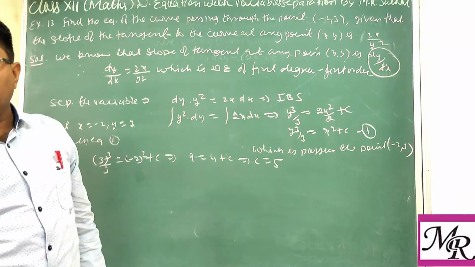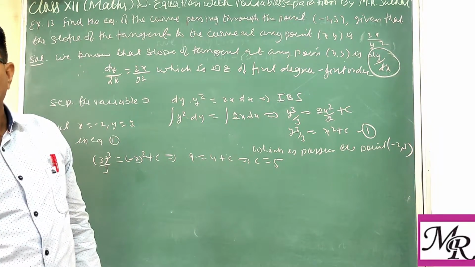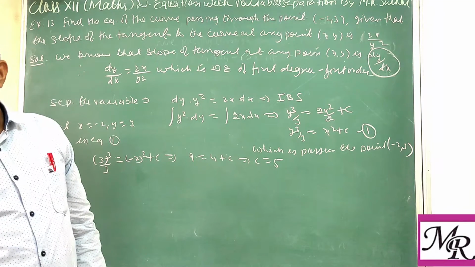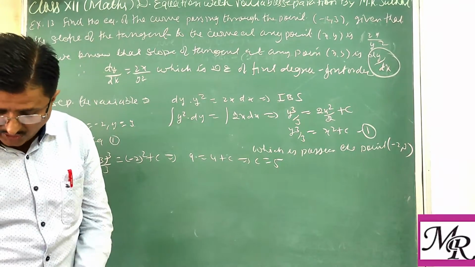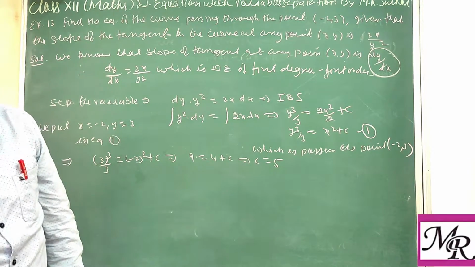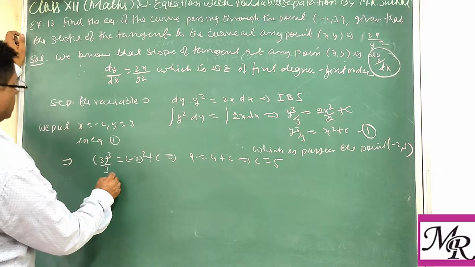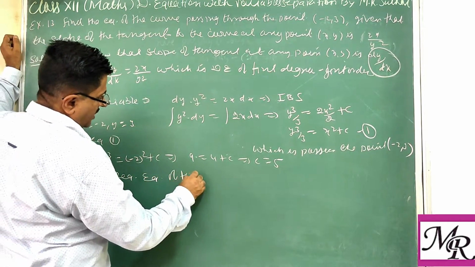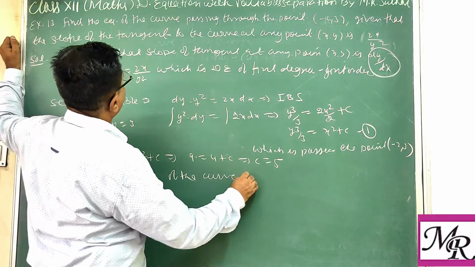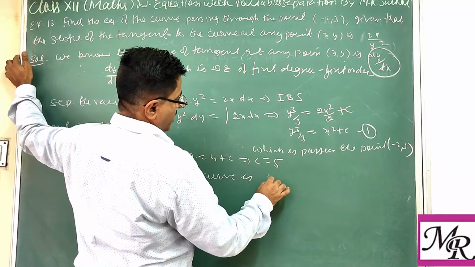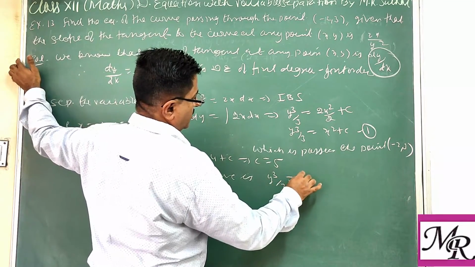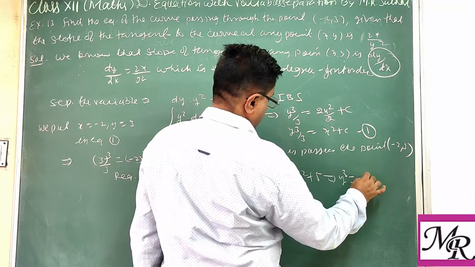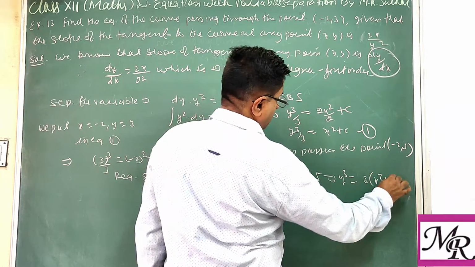So we are getting the value of c equal to 5. Therefore the required equation of the curve is y power 3 by 3 equal to x square plus 5, or one may also write it this way, cross multiplying by 3.